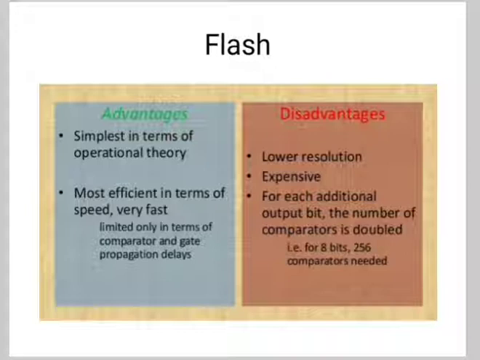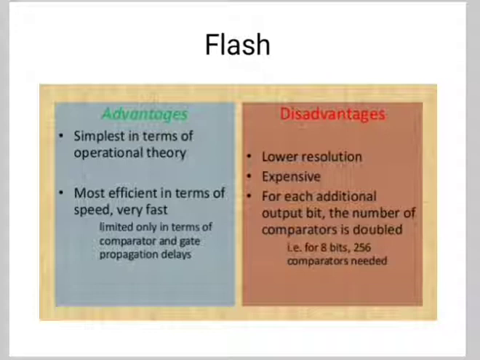So a flash ADC consists of a series of comparators, each one comparing the input signal to a unique reference voltage. Flash is basically the architecture of choice for high speed ADC design, and for applications that require 6 bits of resolution or lower.